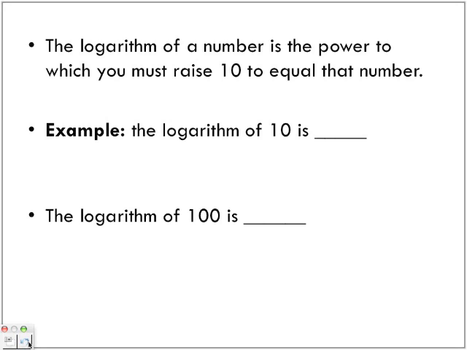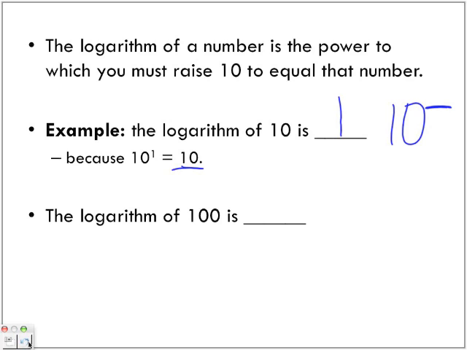Now, just to touch upon what your math teacher will be teaching you about logarithms. The logarithm of a number is the power to which you must raise 10 to equal that number. So the logarithm of 10: 10 is my base in the logarithm. What is 10 going to be to the power of that will give me 10? 1. So the logarithm of 10 is 1, because 10 to the power of 1 is equal to 10.